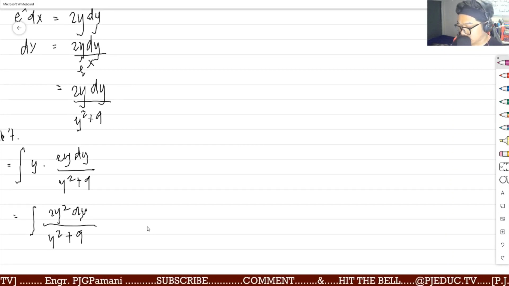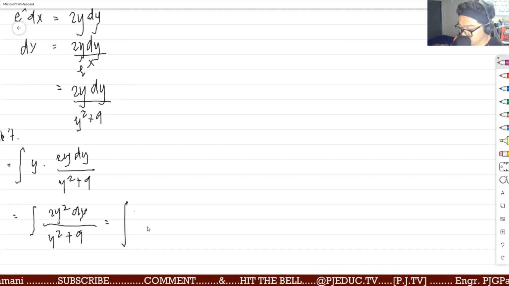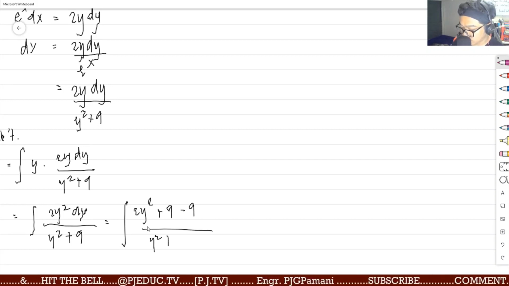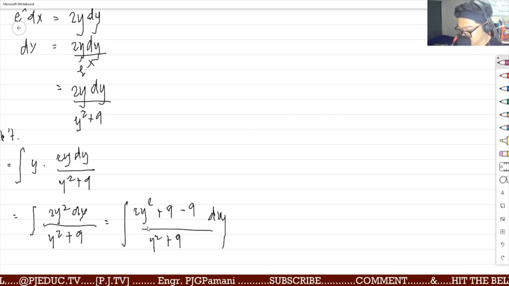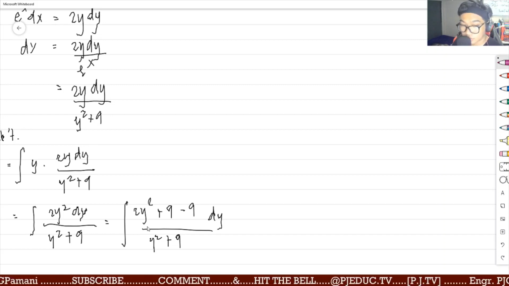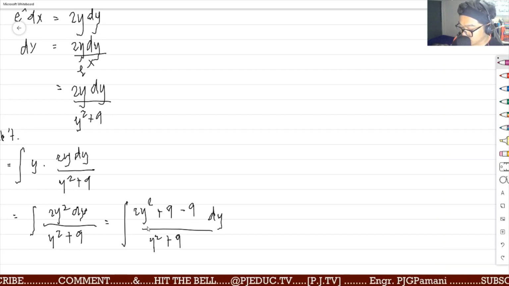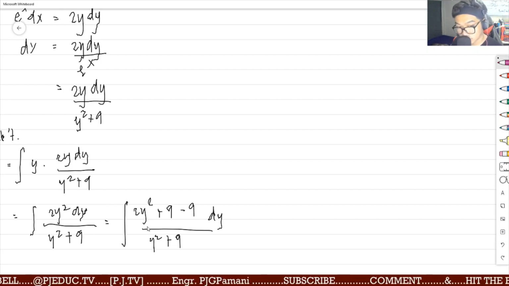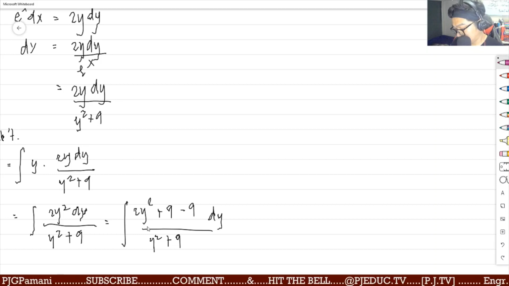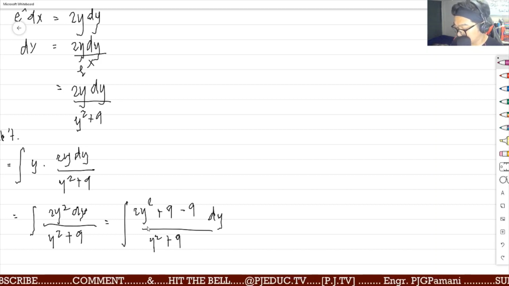Y squared plus 9, or we can do that as 2 times y squared plus 9 minus 9 over y squared plus 9 dy. Ganun din lang naman. Then, distribute lang natin. Parang may mali. Kasi may 2 doon. Hindi na. Parehas lang naman pala.